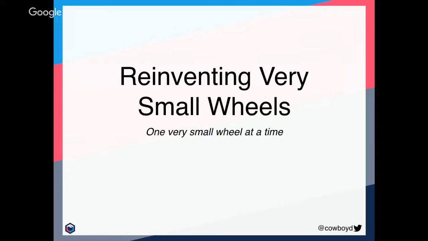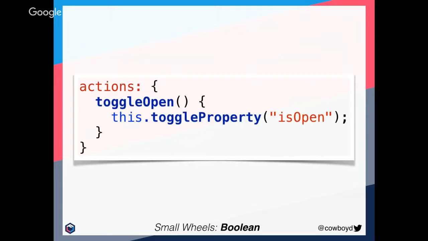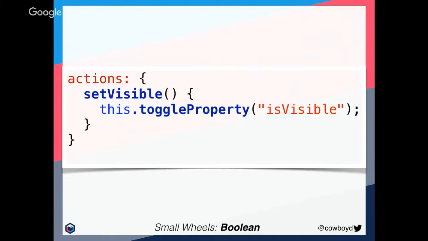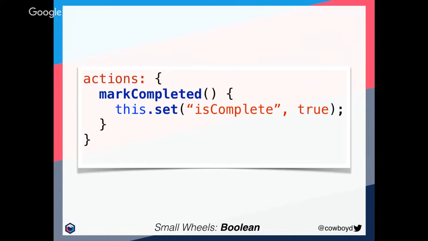So if we have this Boolean value, and we know precisely what the valid set of transitions are, then why on earth are we writing them from scratch every single time? Because that's what we're doing, right? We're pasting the same boilerplate logic into our components again, and again, and again.